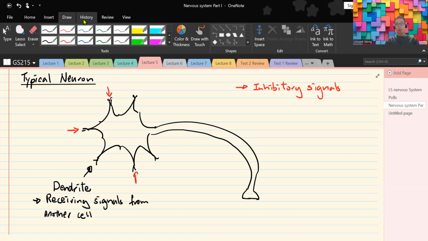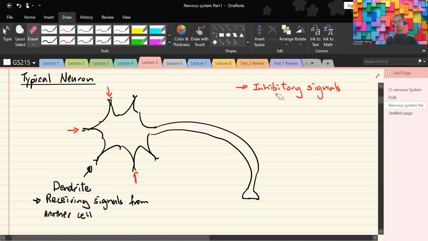Sometimes you want to suppress certain electrical signals, right? For example, if you're studying in the cafeteria and there are some background noises, people chatting, and you just really want to focus on your work, so you would kind of zone out the background noise, right? So that would be like an example of where inhibitory signal is used.